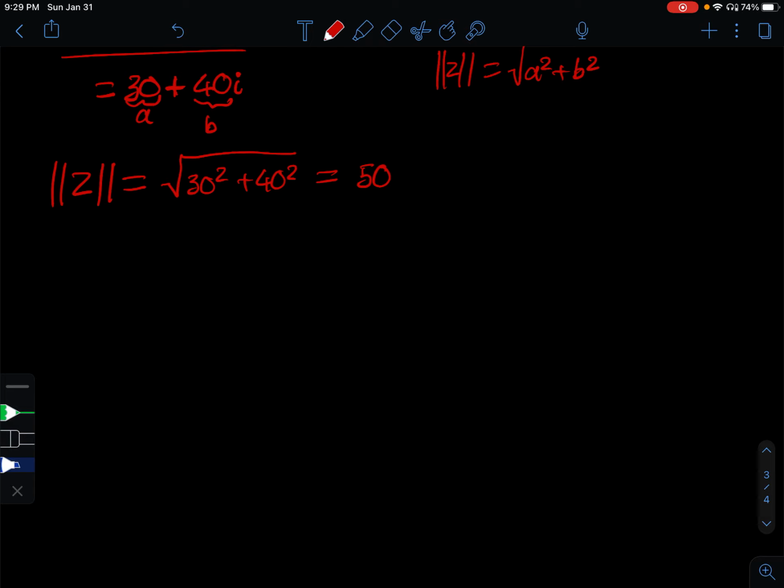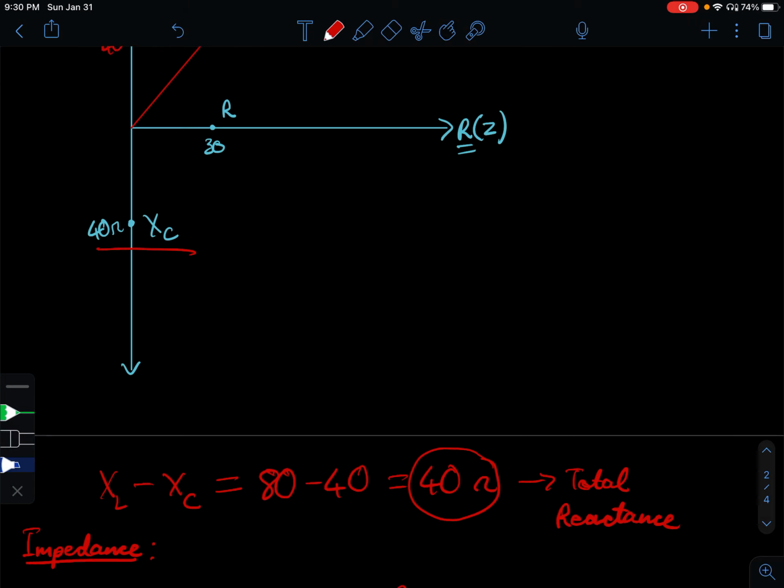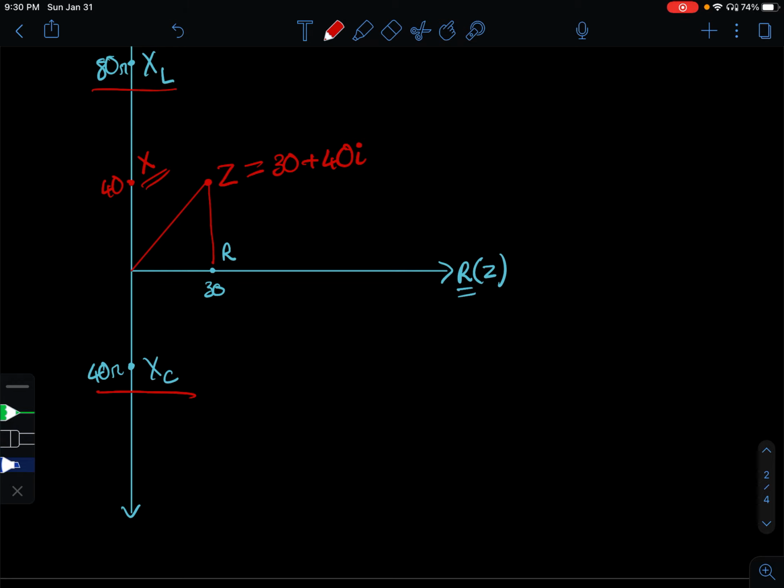Now, again, if you didn't see this beforehand, you didn't really have to go through this process. You could start drawing a triangle like this, and you'd see that this is actually a 3, 4, 5 right triangle, and the hypotenuse is 5, but each side is being scaled by 10, so you can just get this length as 50.